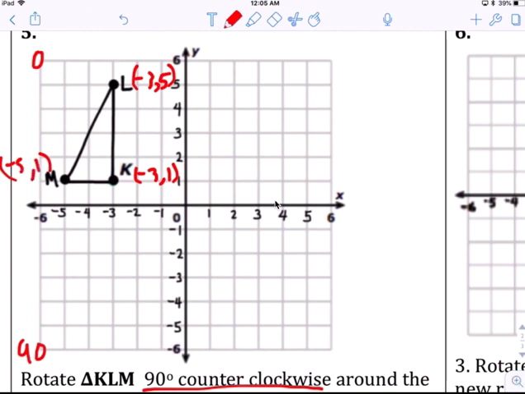Okay? So, now, what you need to do, 90 degrees is switch the numbers. So instead of 3, 1, it's 1, 3. Instead of 3, 5, it's 5, 3. I'll put K prime, L prime. And instead of 5, 1, it's 1, 5.